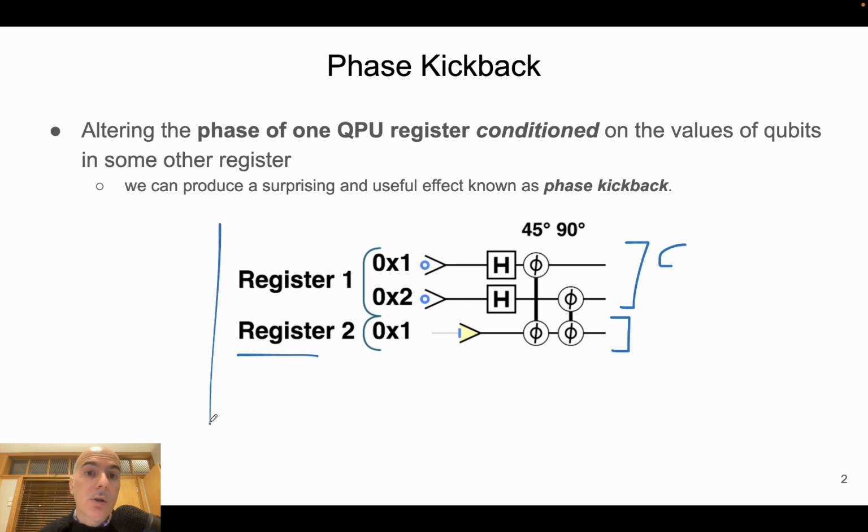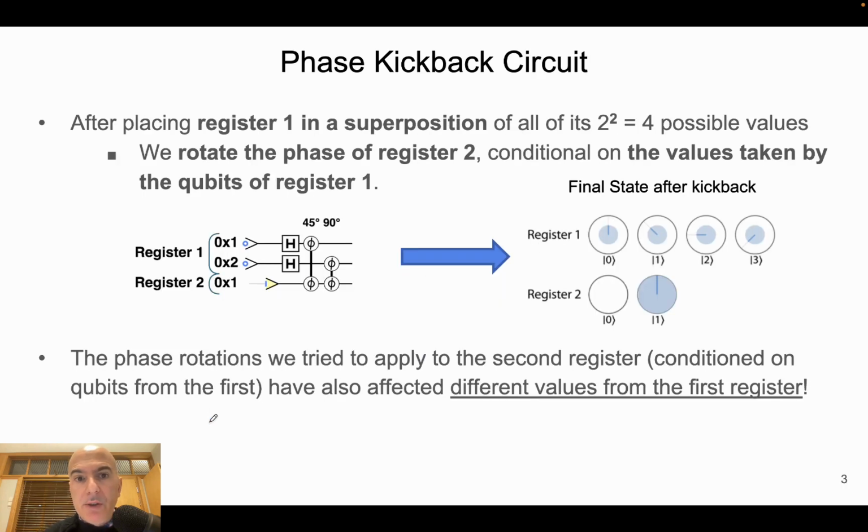In this lecture, I talk about a specific realization of the phase kickback in the textbook. On the web, you can also find a different realization of the phase kickback. However, the technique is very similar to the one present in these slides. After placing register 1 in a superposition of 4 states, since register 1 consists of 2 qubits, we have 4 possible states.